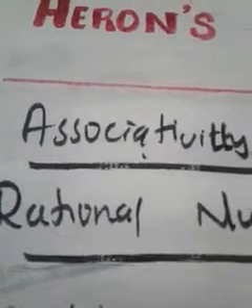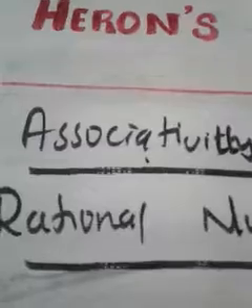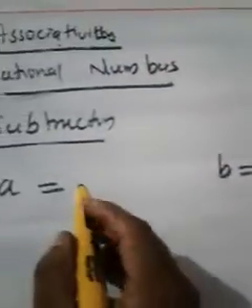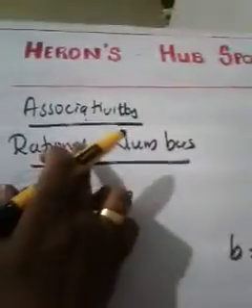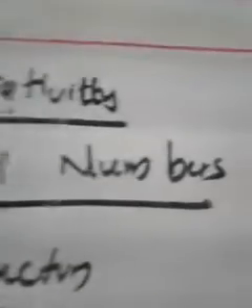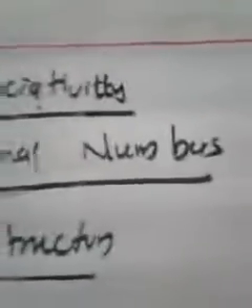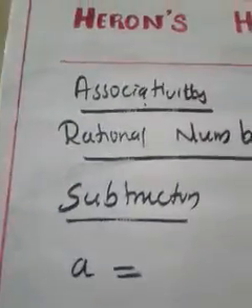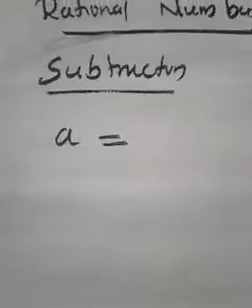No, only two numbers is enough. But in the case of associativity, we need three numbers A, B, C. We have to choose A, B, C as rational numbers. Why? Because we are considering the case of rational numbers.